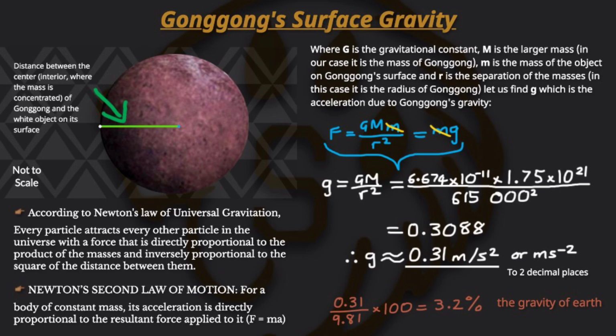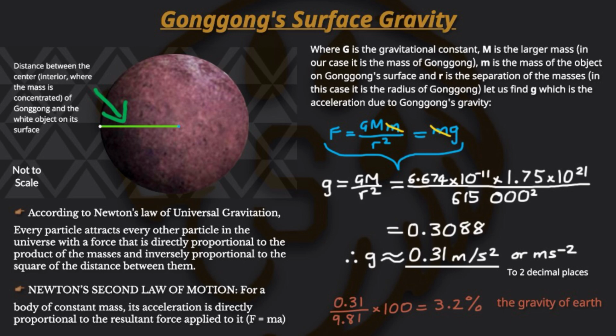So we substitute our values in the new formula that we have. g is equal to GM over r squared. The capital letter G we know is the gravitational constant. The capital letter M is the mass of Gonggong. As you can see, we have the small letter m, which is the mass of that yellow dot on the surface of Gonggong. So the mass of Gonggong is 1.75 times 10 to the power 21 kilograms. Remember, kilograms, the standard units.